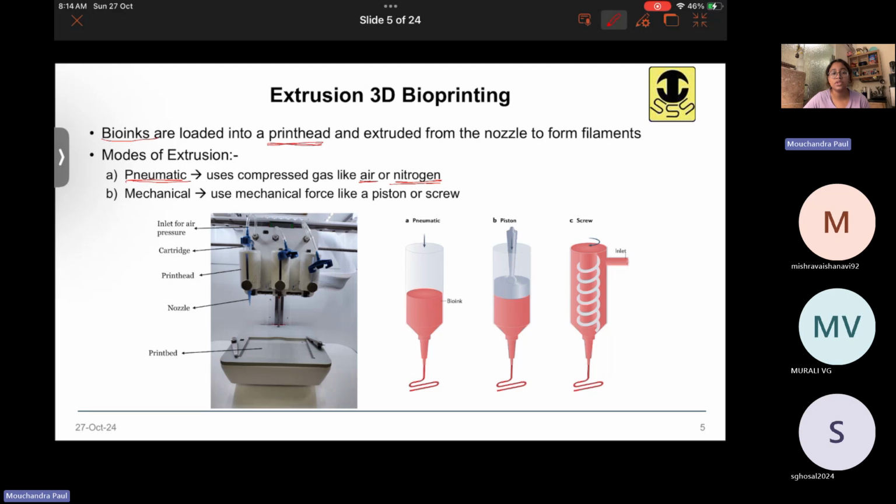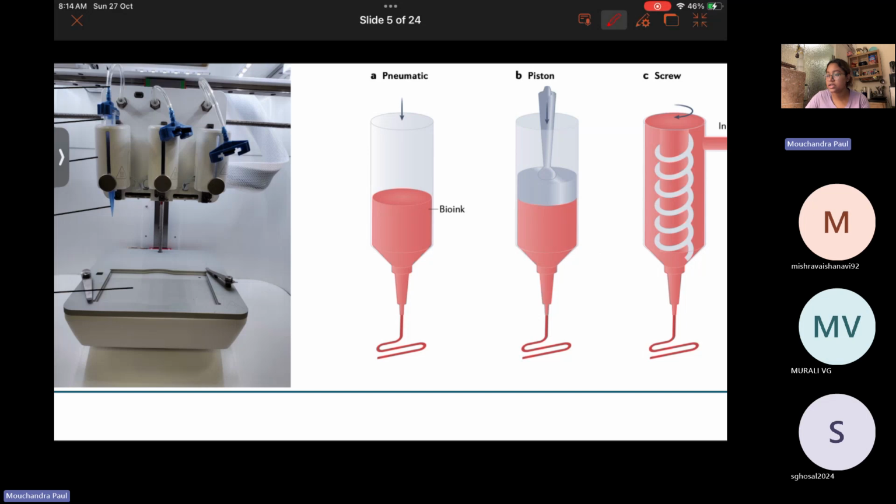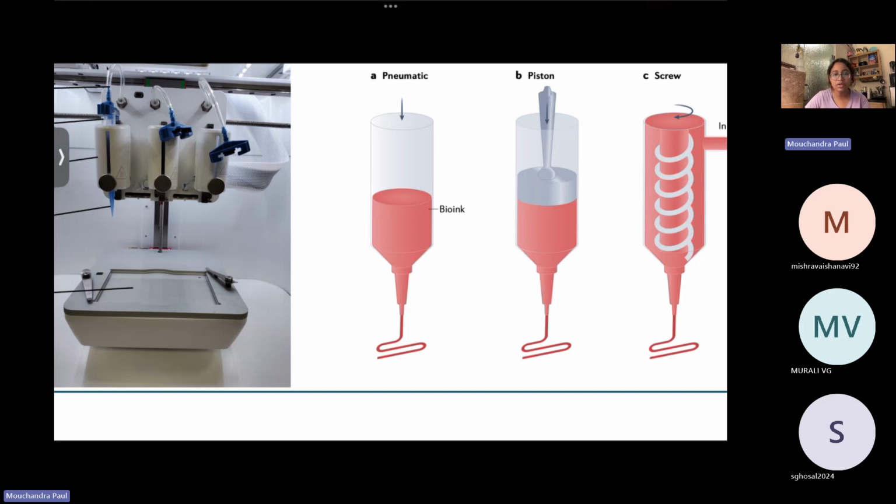Similarly, air is used in compressed form. This is an example of how this looks. Pneumatic air pressure is applied on the bioink from the top, and from the other end there is a needle or nozzle through which the bioink is extruded in the form of filaments.